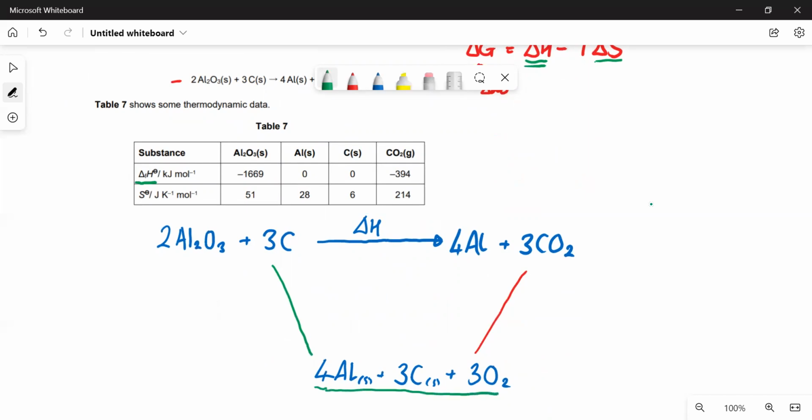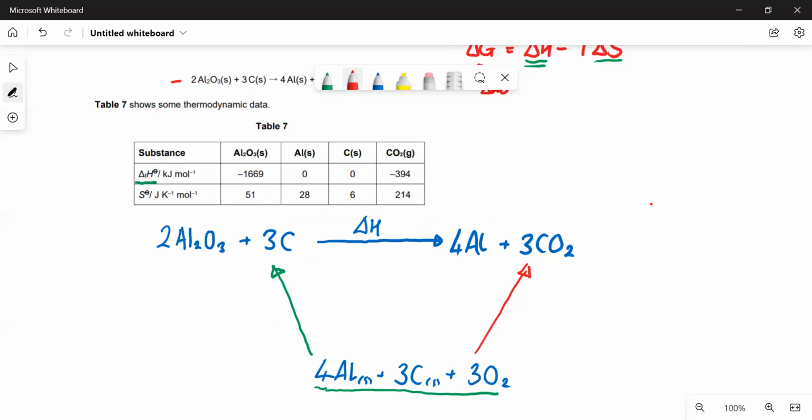The arrows are going to go up because you are forming aluminium oxide from its elements in the standard state. And on the other side, you are forming 3 moles of carbon dioxide from their elements in their standard state. What's the energy change for this green arrow? Well, 3 moles of carbon, nothing happened to that, so we ignore that.